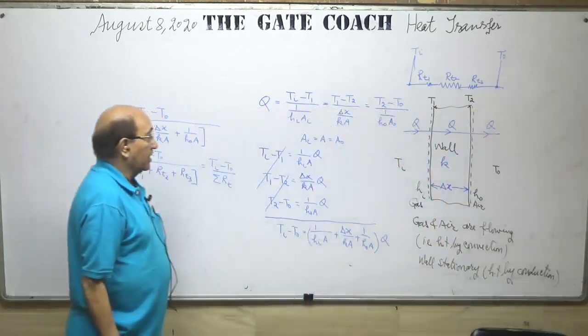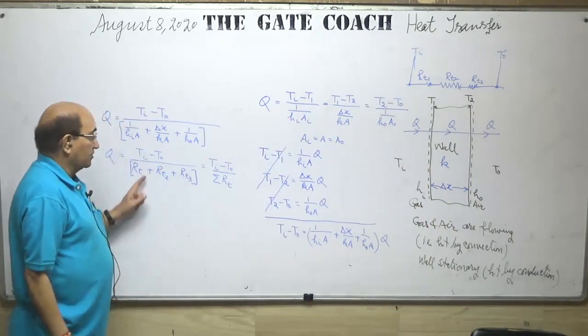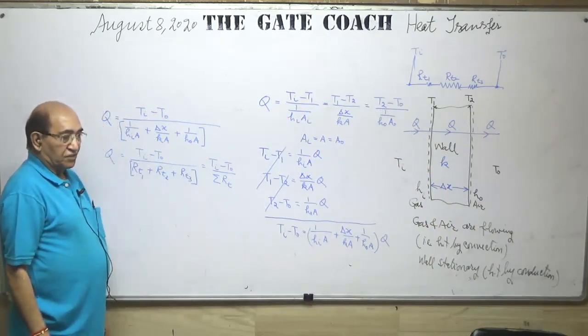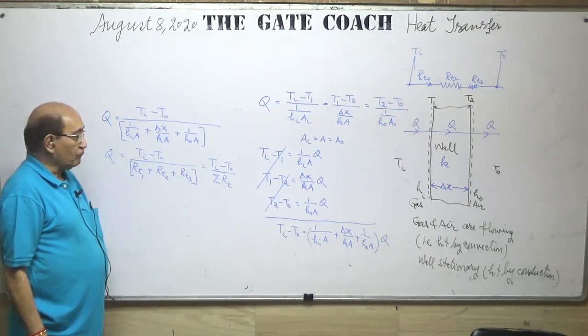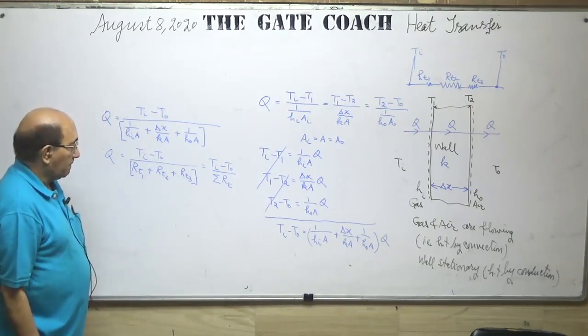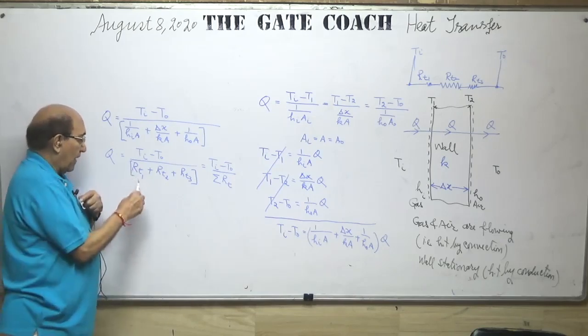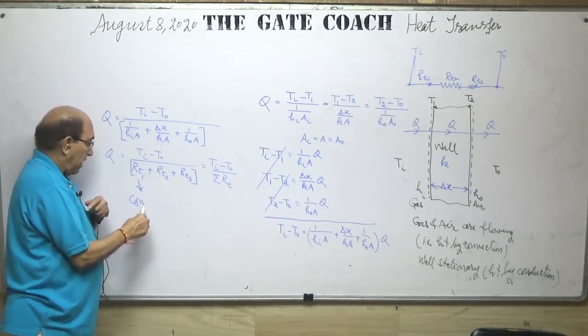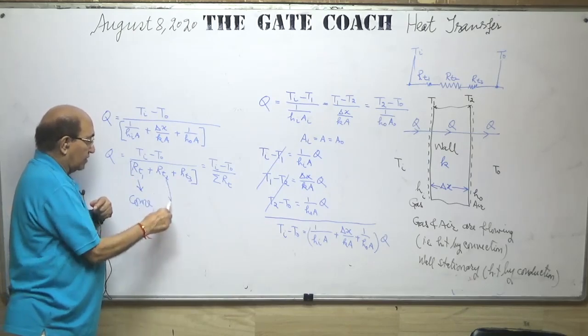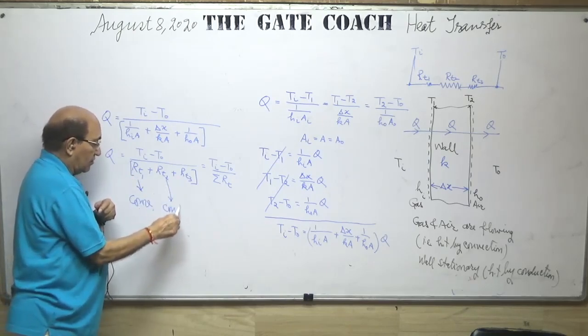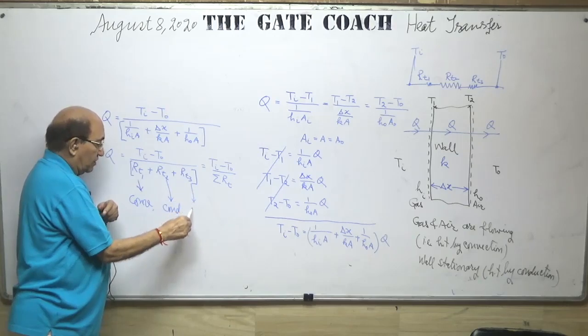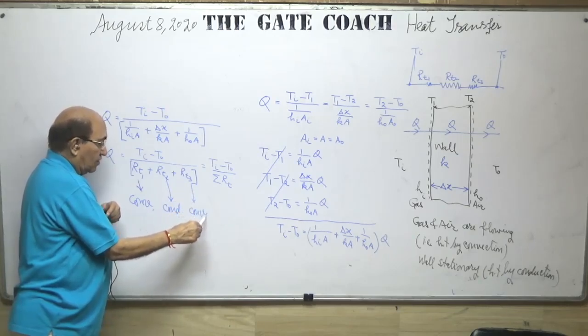So Ti minus To upon sum of all the resistances. By convection, by conduction, by convection.